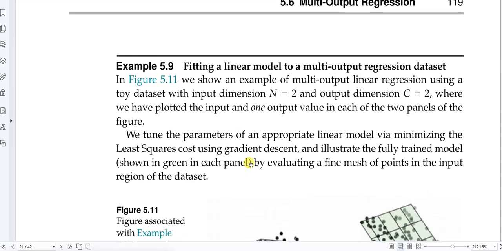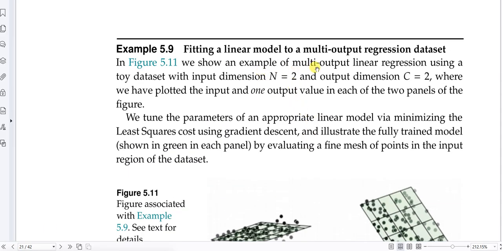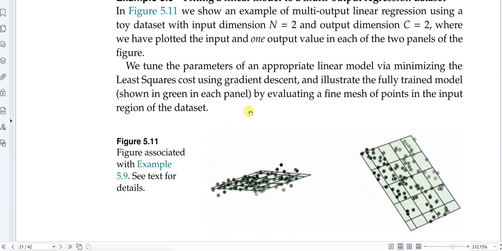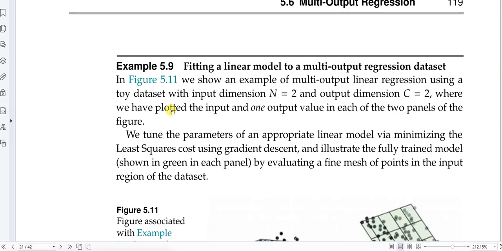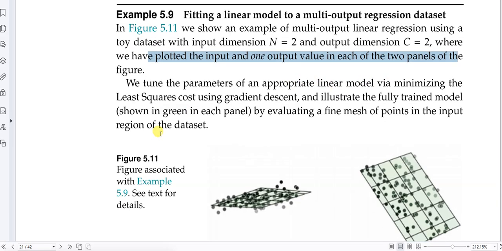For this one, multi-output regression using the toy data set with input dimension 2 and output dimension c equal to 2, where we have plotted one input and one output in each of the two panels. We tune the parameters of an appropriate linear model by minimizing the least squares.